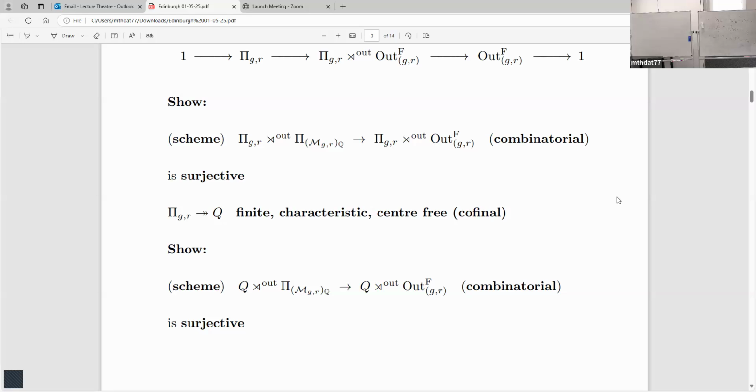Now, if you think about it, what you want to do at first glance is construct a family of covers of hyperbolic curves of type GR, a family over a base which is, say, finite étale over the moduli space MGR, on which this group acts.